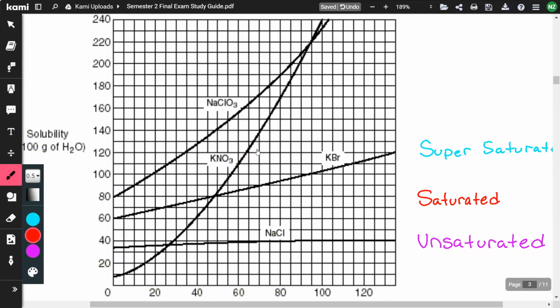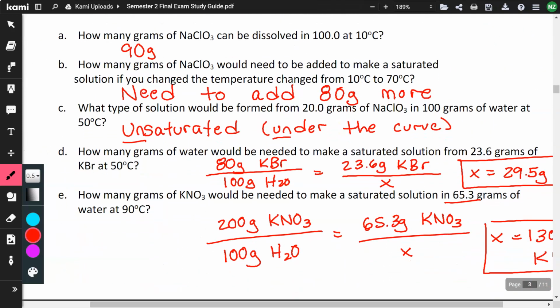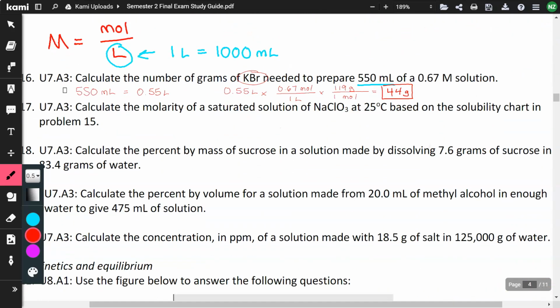NaClO3 is this curve right here. 25 degrees is this spot right here. So we're going to follow 25 degrees up to the curve. And it looks like we can dissolve 110 grams. So it tells us it's saturated. So 110 grams. Remember, if you're on the curve, you're saturated.